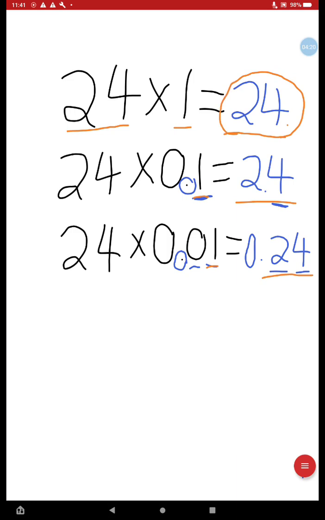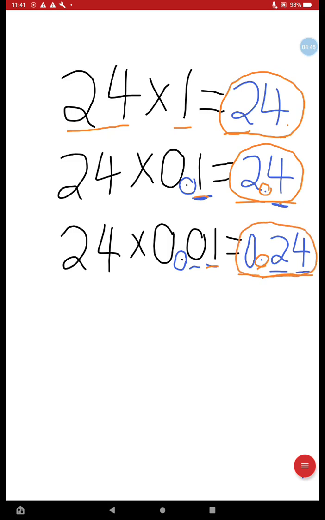We usually don't put a decimal point, though, if we're talking about whole numbers. So I have 24 wholes. On the second one, the decimal point's right in the middle. So I'd read it as 2.4 or 2 4/10. And on the third one, the decimal point is before the 2. So I'd read it as 0.24 or 0 24 hundredths.